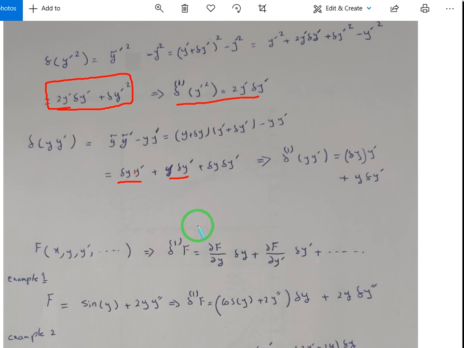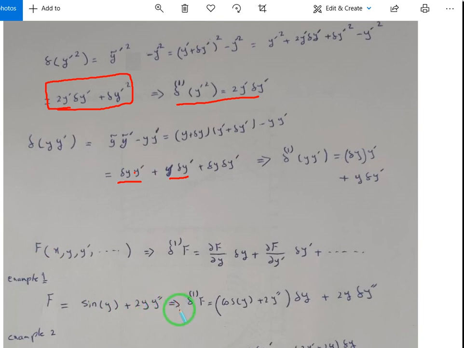Let's calculate some examples. For example, let's say f is equals to sine of y plus 2y y double dash. I want to calculate the first variation of this function. Okay, using the above formula, we have y, we don't have y dash, and we have y double dash.